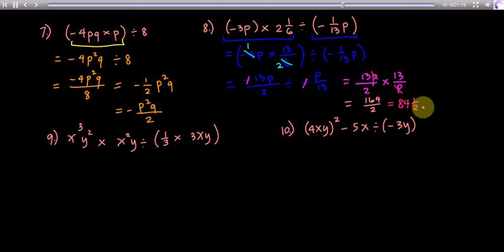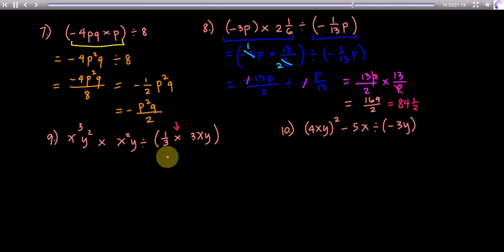Now let's proceed to number 9. x cubed y squared times x squared y divided by 1/3 times 3xy. Well, this is quite confusing. That's why in algebra we try not to use the symbol for multiplication that looks like x, because it's confusing when we're using the variable x.